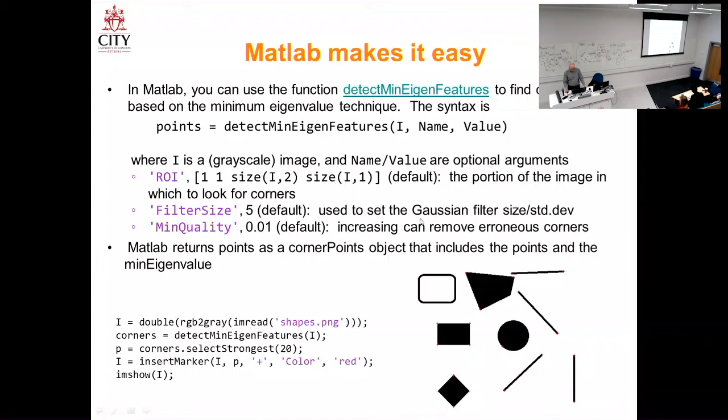There's also this Gaussian standard deviation. You can set that, and you can have some filtering to remove erroneous corners. And if you do that, it will pick up a bunch of good corners for you. It might be hard to see in the back, but there are a bunch of red dots on this image. Maybe the people in the front can see. So this is what the detectMinEigenFeatures method found for this image. Make sense?